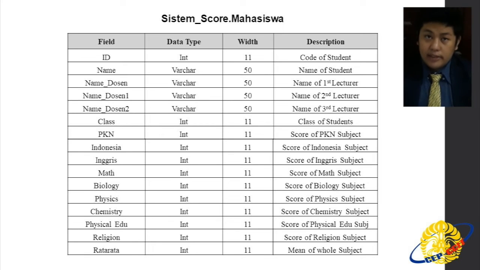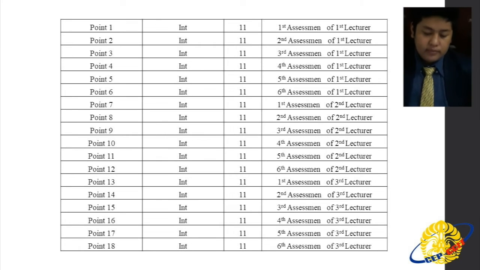After that, there is class, the class of the student. There are many subjects like PKN, Indonesia, English, Math, Biology, Science, Chemistry, Physical Education, Religion, and also rata-rata, which means the average of all subjects.